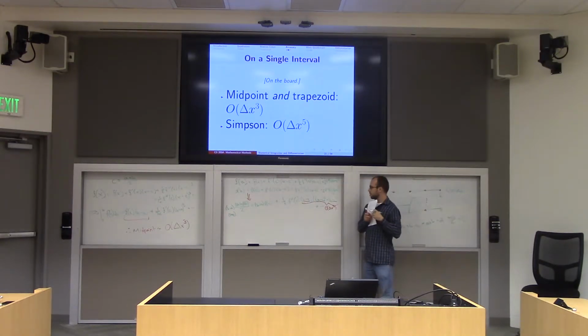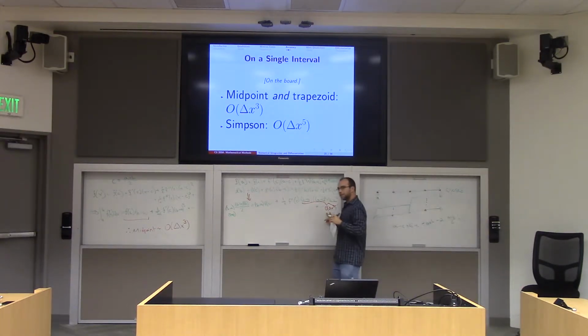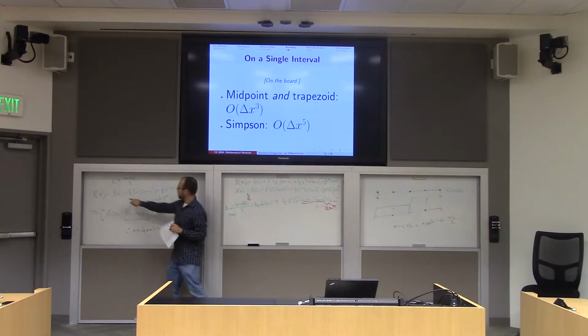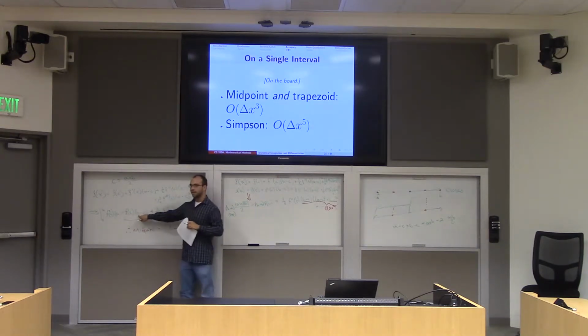Yeah. So up to cubic order, in fact, the trapezoidal rule also agrees with our expansion of the integral of f to third order. Yeah, they have the same first two terms, namely this guy and then 0.